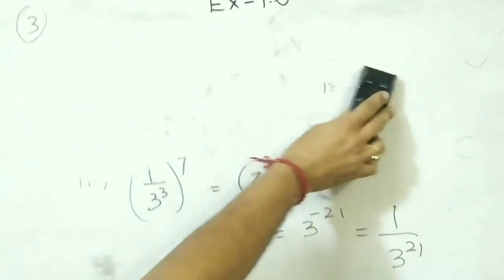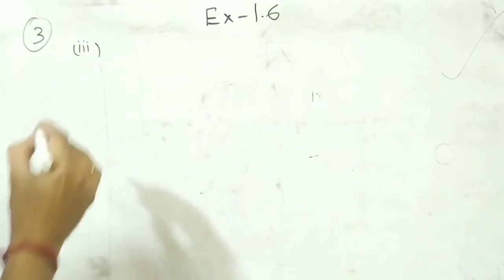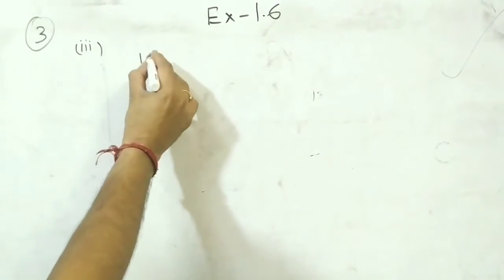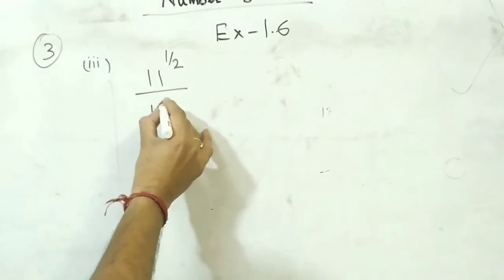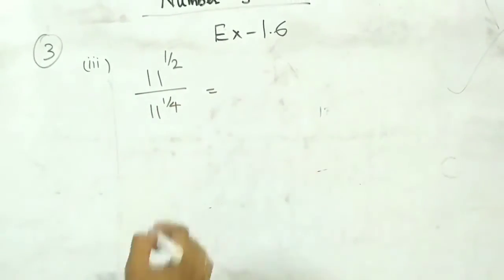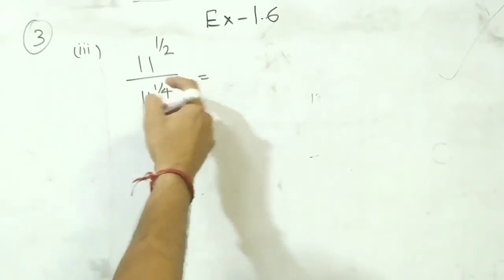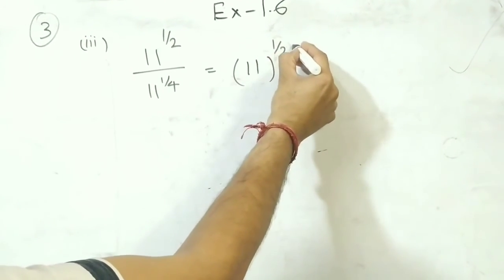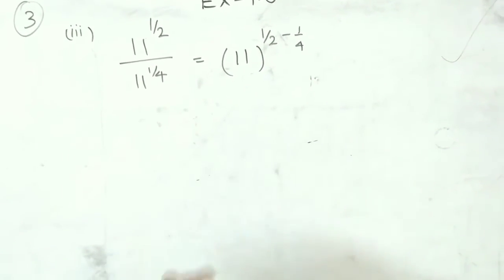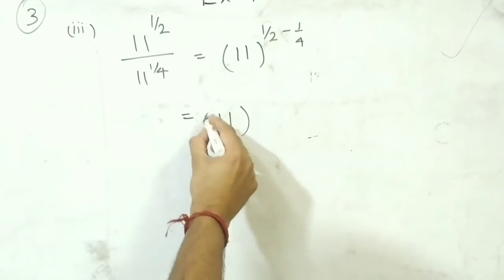Question number 3, third part is 11 to the power half divided by 11 to the power 1 by 4. Now here this number is being divided by this number. Bases are same. So as per formula, these powers will subtract from one another. Now base is 11.